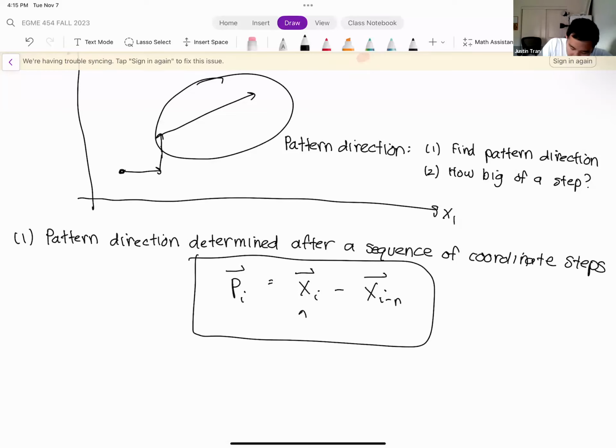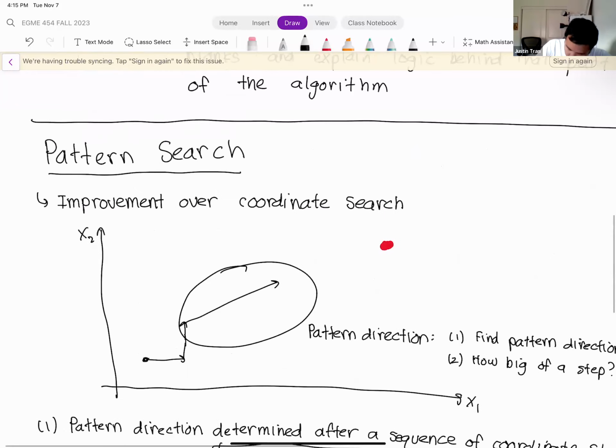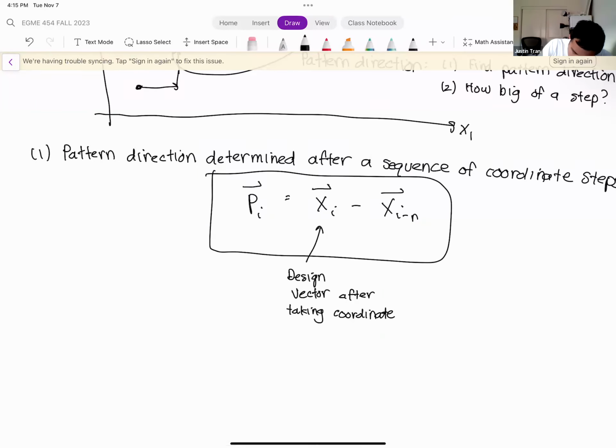For this, x_i is the design vector after a series of coordinate steps, so after we've taken a step in each coordinate direction for each design variable. And this x_(i-n) is the design variable before we took those coordinate steps.